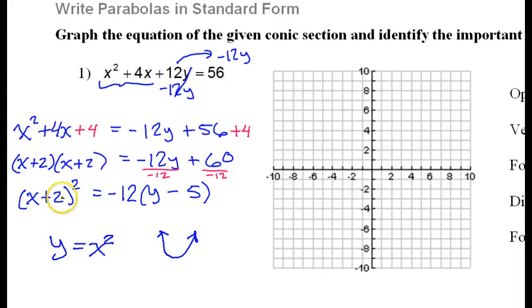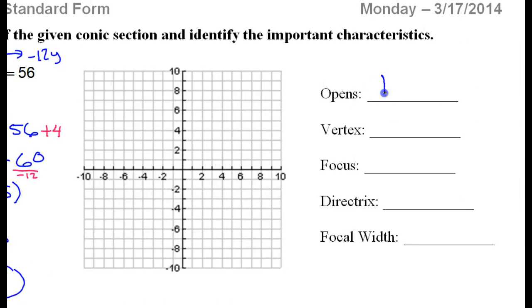And even though it's in parentheses, I have x squared, so I know it's either going to be up or down. Up was positive, down was negative. Now it's the 12 that matters here. Because this is negative, that means it's going to be down. The plus 2 and the minus 5 have nothing to do with it. So I know it's going to be down. So opens down.